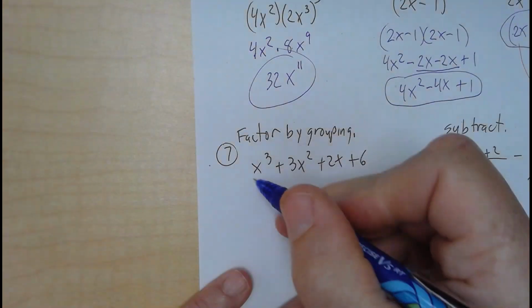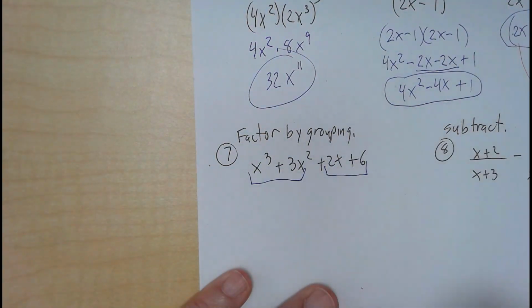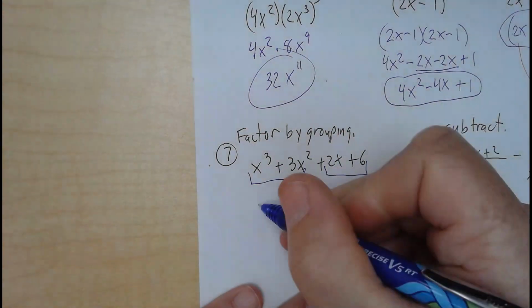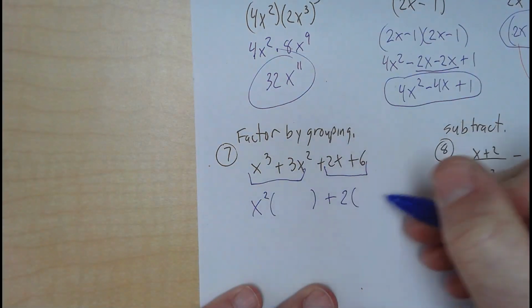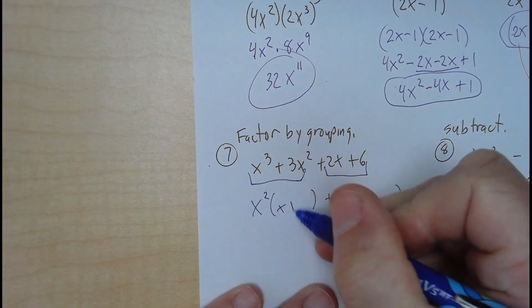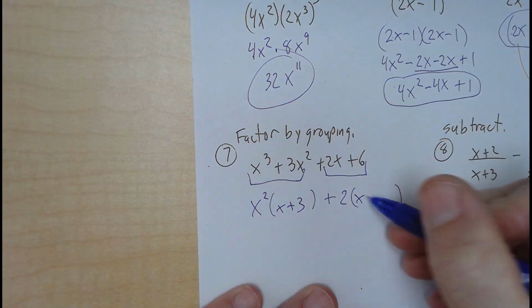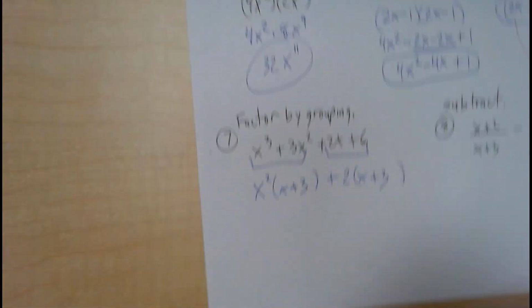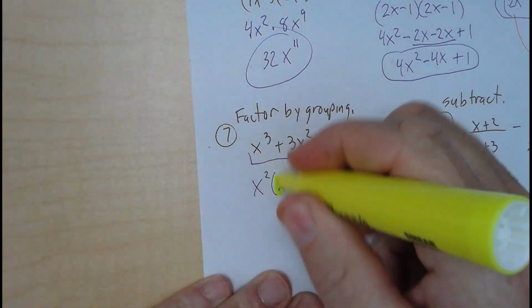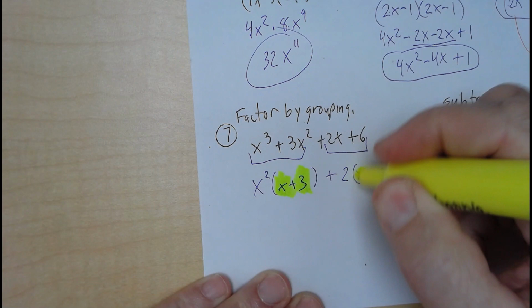Factoring by grouping. We group the first 2 together and the last 2 together. We take out the GCF. We're left with x plus 3, x plus 3. Then we notice that, ooh, these are the same. So then this yellow thing and this yellow thing here get factored to 3 to the front.